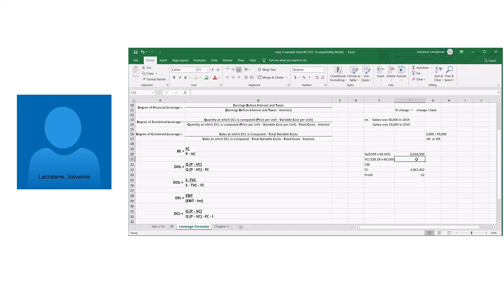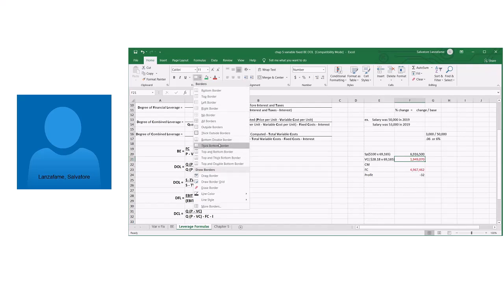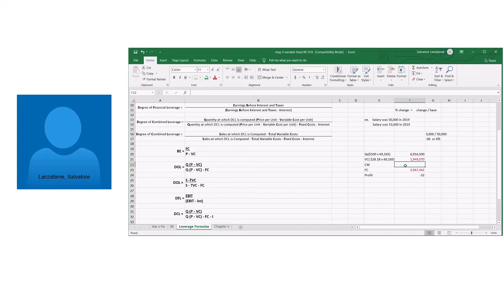And then when I go to calculate the variable cost, we get 1,949,070, giving us a contribution margin, and according to the book, it's 4,967,430.